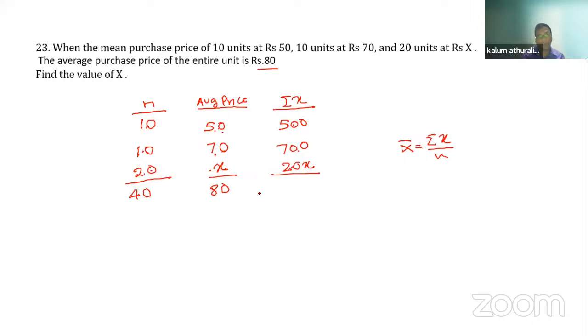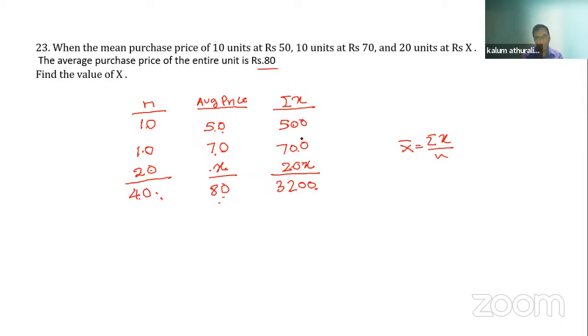How to find the total of all? The average is 80 for 40 data. Then the total is 40 times 80, which is 3,200.